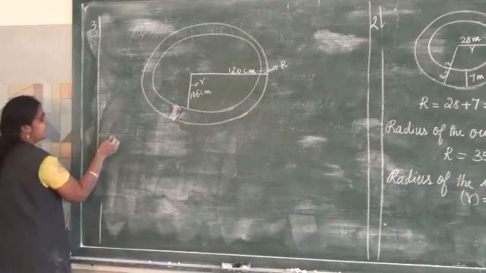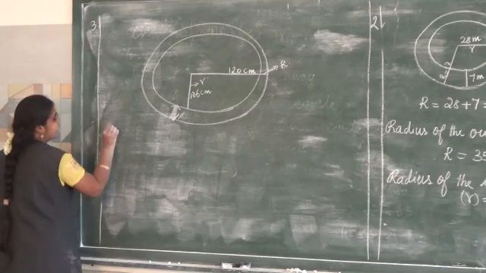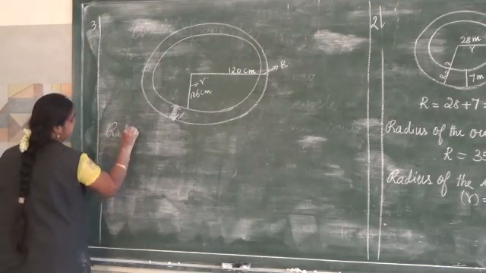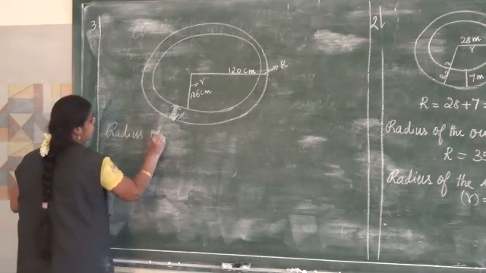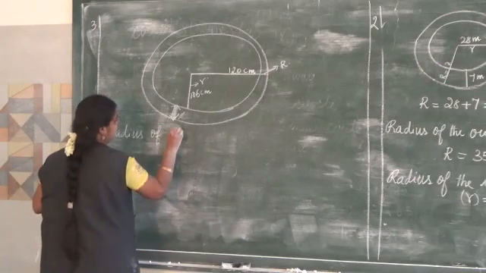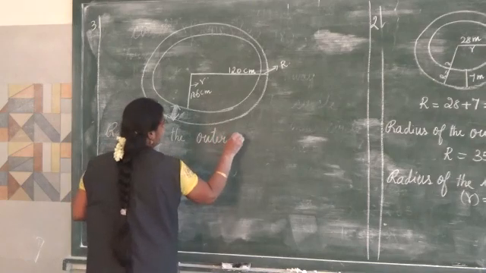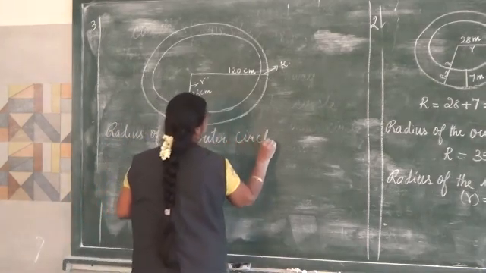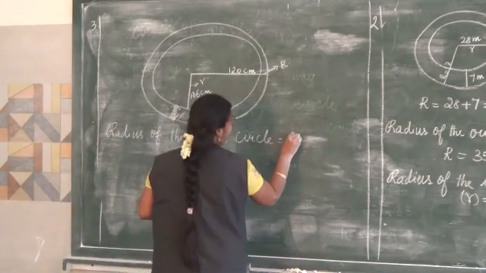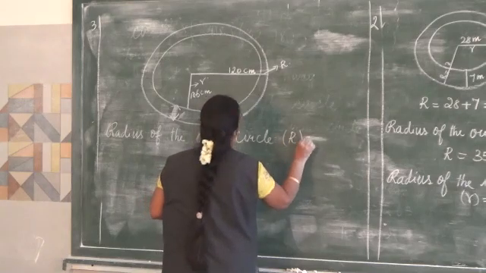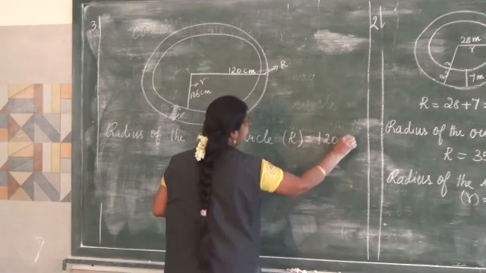So first thing, the radius of the outer circle is capital R is equal to 120 centimeter.